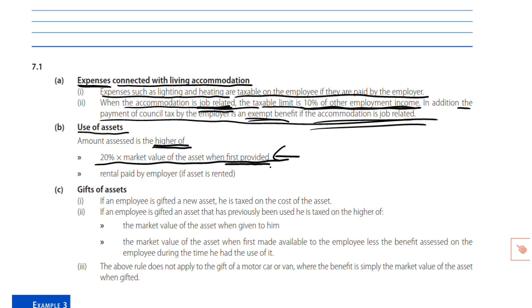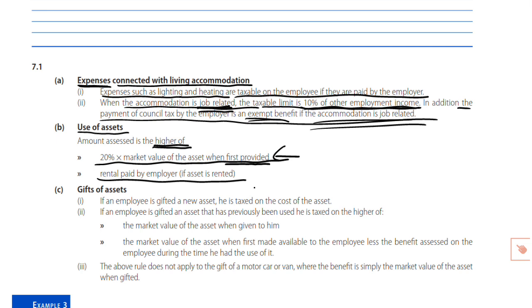If this property has always been furnished and has been provided to another employee or employees before this employee moved in, it was the market value of the asset or assets when first provided, when first made available for private use that you use, not what happened to be probably the much lower market value when, of course, you moved in. So 20% of the market value of the asset when first provided, or now it's likely to be the first one, but you might be renting such particular assets. Rental paid by the employer if the asset is rented.